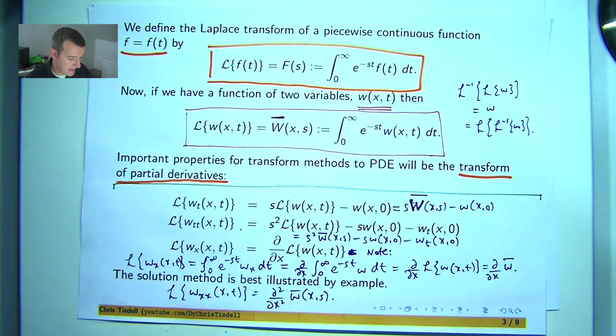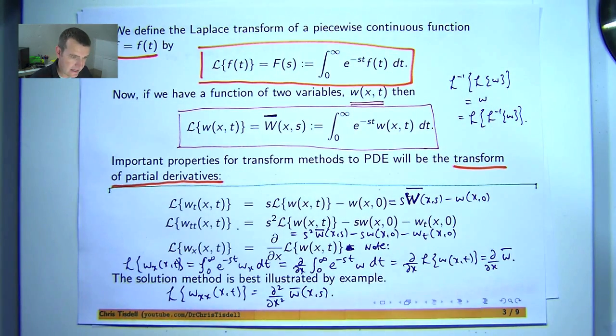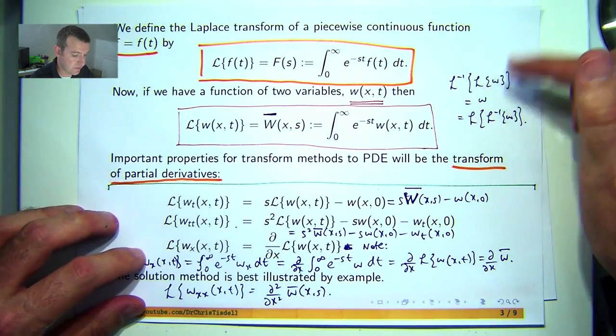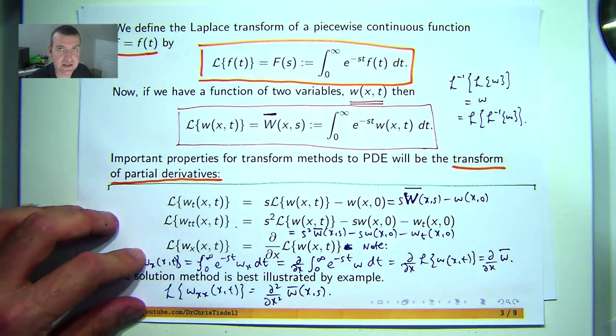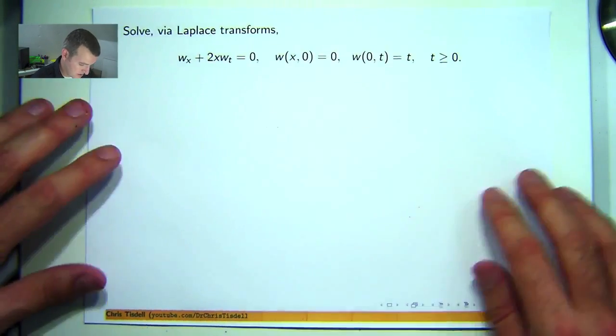Now the inverse transform, to really write down an explicit representation for it, you need an understanding of complex analysis. So I'm going to assume that you don't have a deep understanding of complex analysis. So we can do these problems without knowing exactly what the inverse transform is. Okay, all right. So let's follow this guideline here.